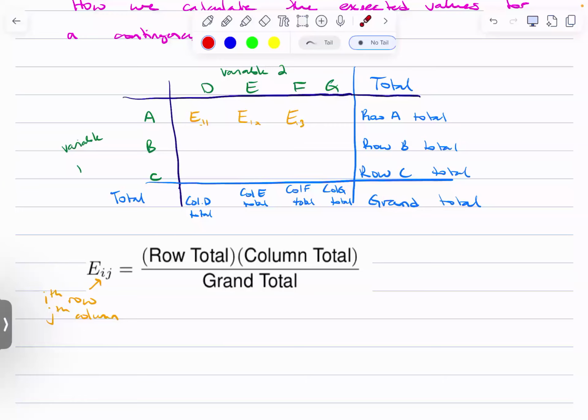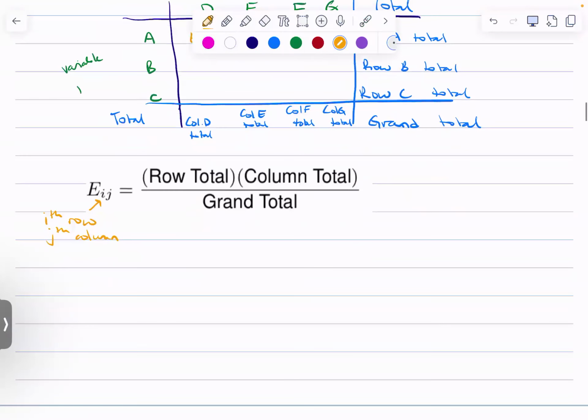I think it's easier to see with numbers, but just nice to see right away. Would be the row A total times the column D total, all divided by the grand total.